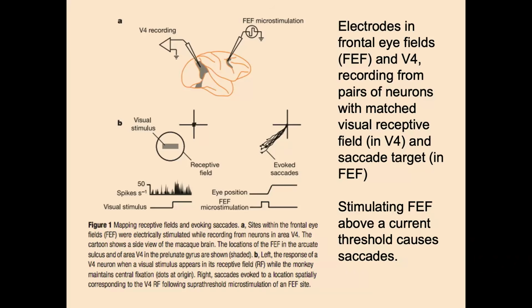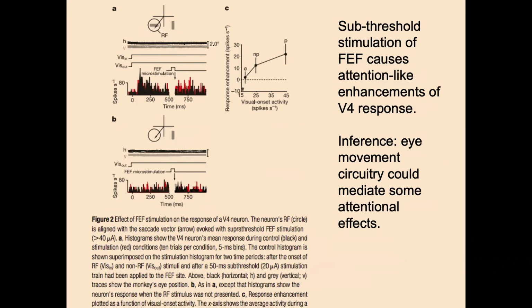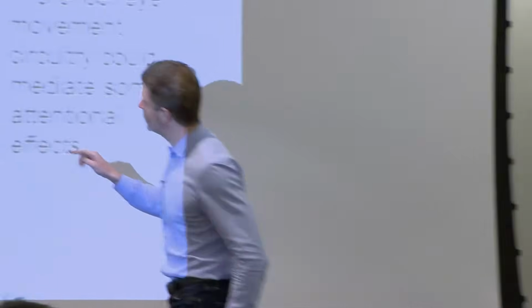All right? So they stimulate the frontal eye fields, but not so much as to cause an eye movement. And what they found is that subthreshold stimulation of the frontal eye field at that particular location causes attention-like enhancements of the response in V4. Okay? And so that's kind of what's shown here.